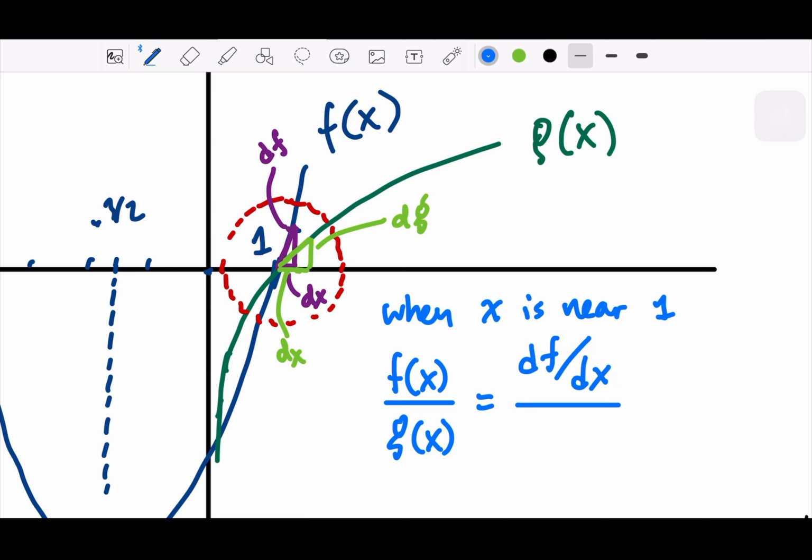And g is dg over dx, which is a representation of our f prime x and g prime x.